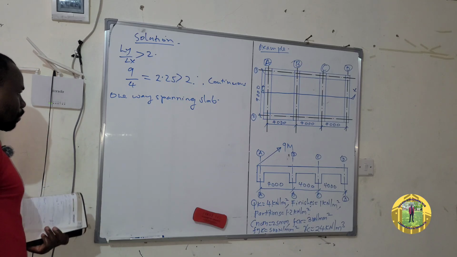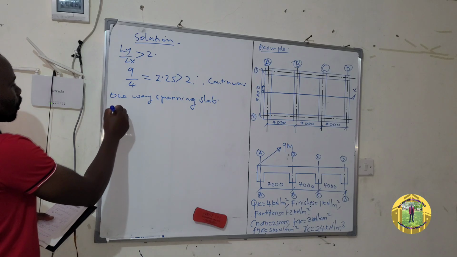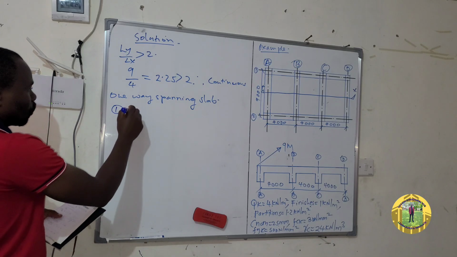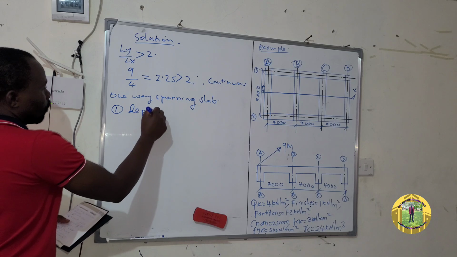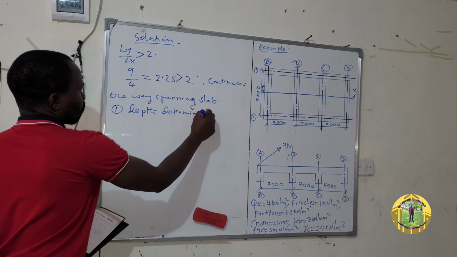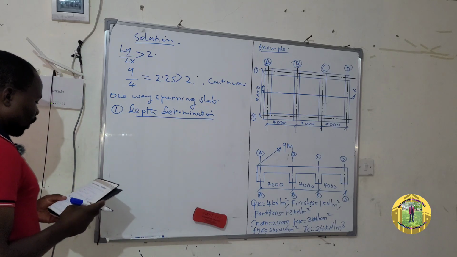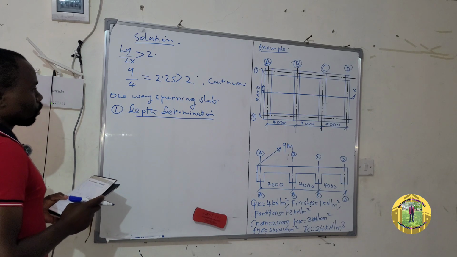So therefore, the first thing to determine or calculate is depth determination. So we have the depth determination. And for depth determination, you will first assume the reinforcement ratio.